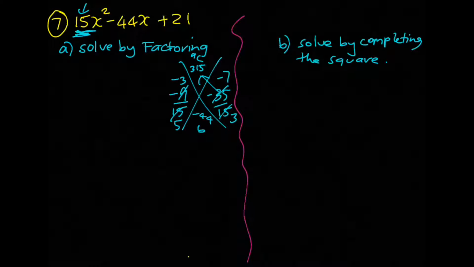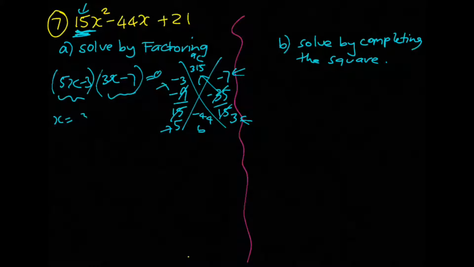So now we can go ahead and factor, remembering this is the number in front of the first x, and then it's subtracting by 3, and then we've got 3x minus 7. And that equals 0. And that will give, using the null factor, so that equals 0 or that equals 0. We get x equals 3 on 5 or x equals 7 on 3.